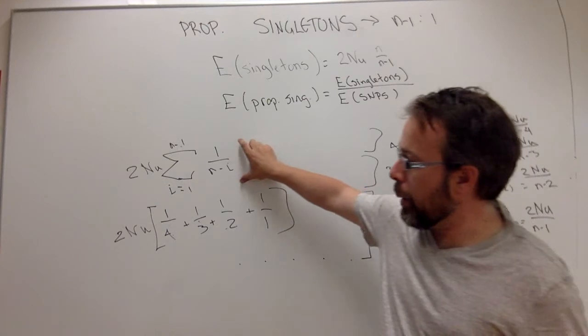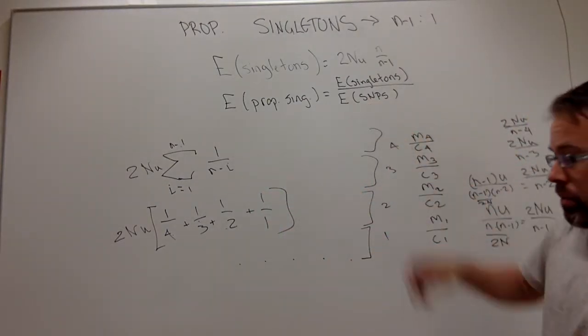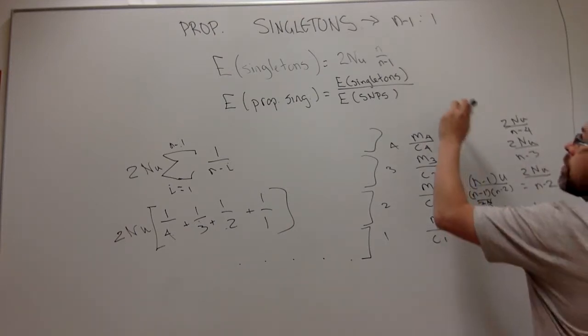But in general, this gives us our expected number of SNPs. So let's actually go ahead and work this out. Let's write it down.